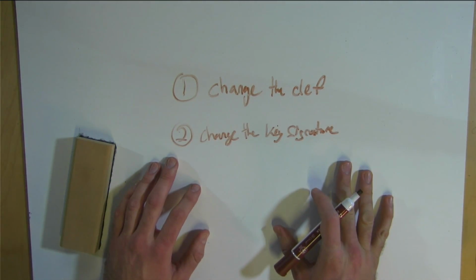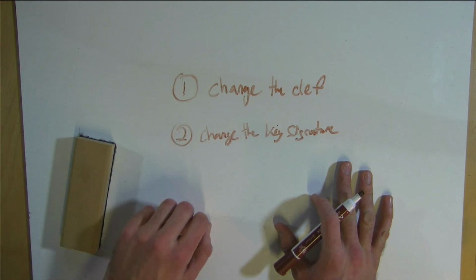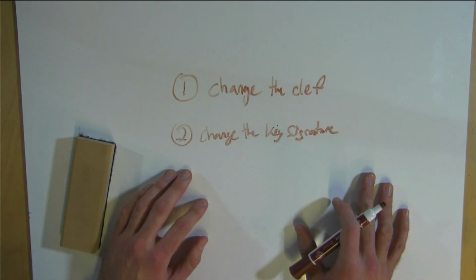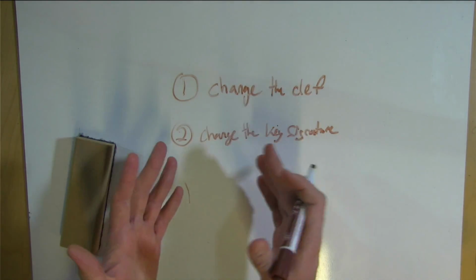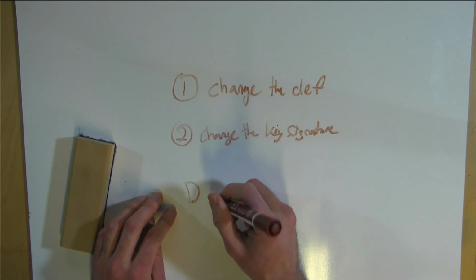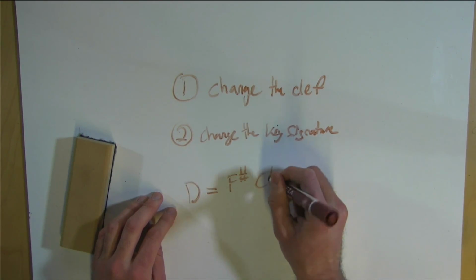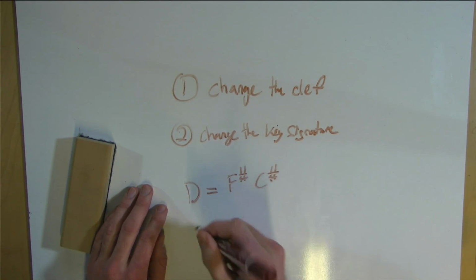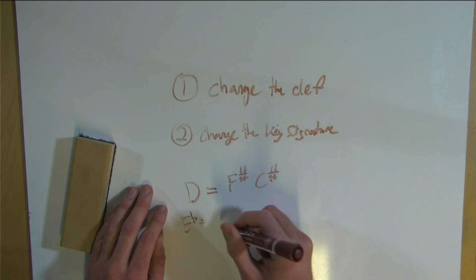to the concert key. So if we have E flat, you're going to add 3 flats to whatever key that you were in. Okay, so let's say the E flat clarinet part is being read in D major. What's D major? D major is 2 sharps, F sharp and C sharp. The E flat key has 3 flats.